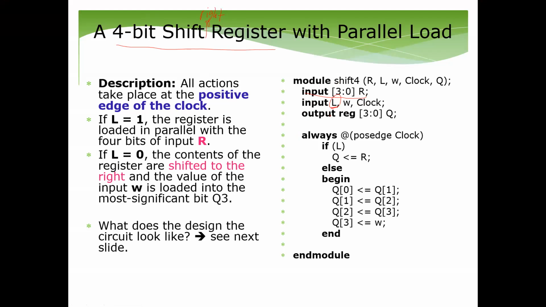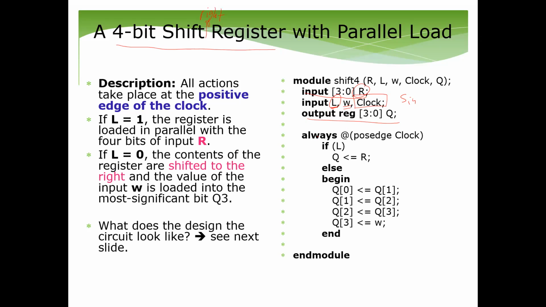We only have L as a control signal. This will indicate if this register will be shifting or it's going to be loading whatever you have present in your input, which is R. We have input W. This is corresponding to your serial in input. This is what you will be shifting in. And of course, for any sequential circuit, you should have your clock signal.